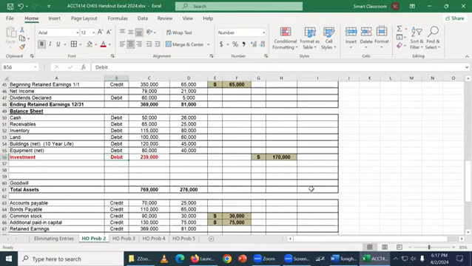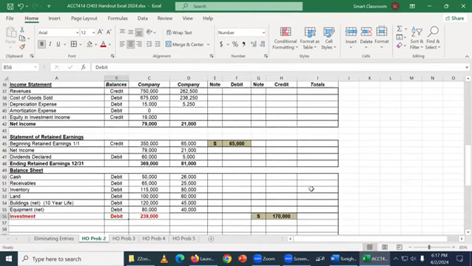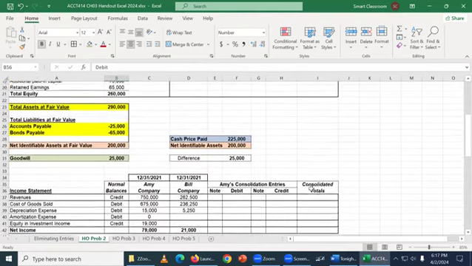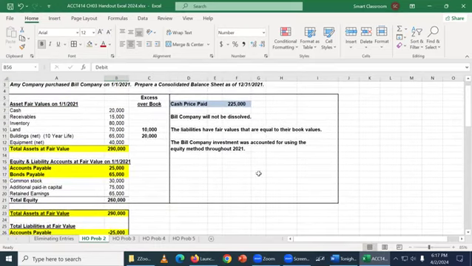Okay, we got to go to the assets. And the excess assets over book, and this is done at the time that we do this transaction. The excess over books was 10,000 on land and 20,000 on building.